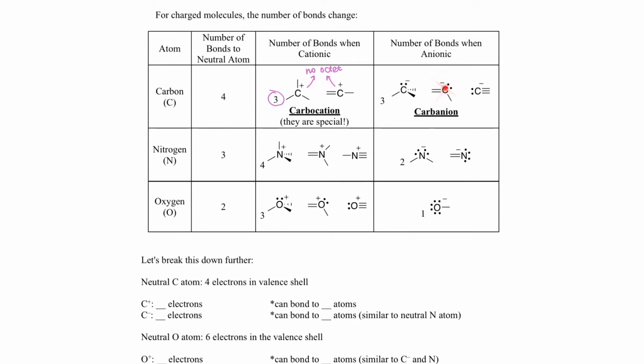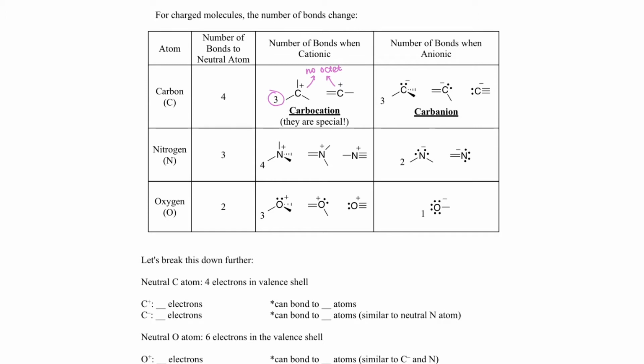Let's look at nitrogen. When nitrogen is neutral, it needs 3 bonds to have an octet. Now put on a positive charge on that central nitrogen atom. If you have a positive formal charge, then you need 4 bonds to have an octet. So that could be any combination of single bonds with multiple bonds.